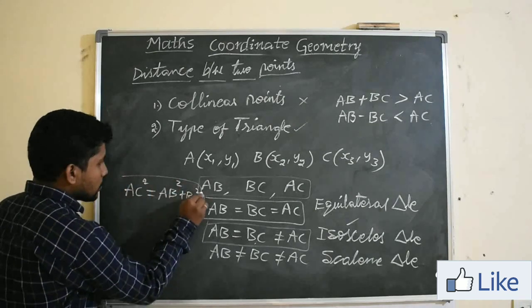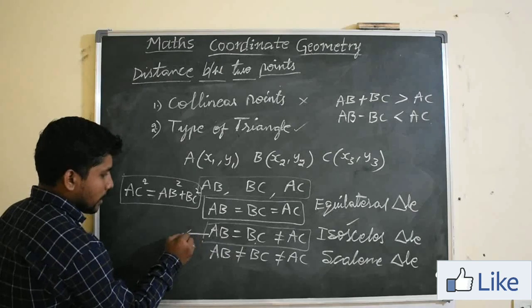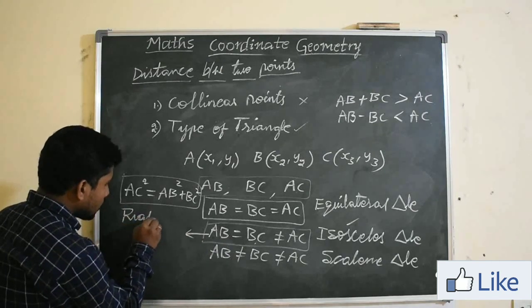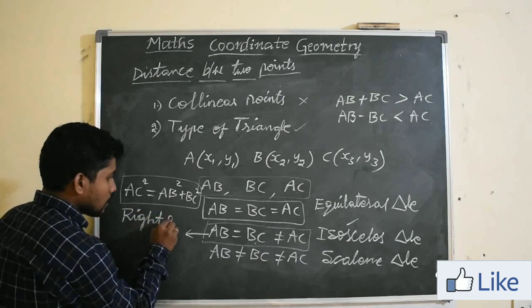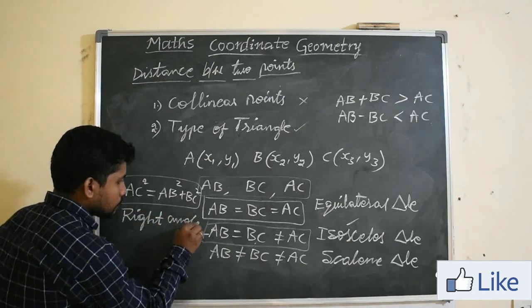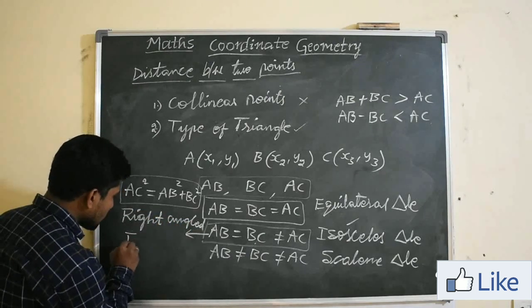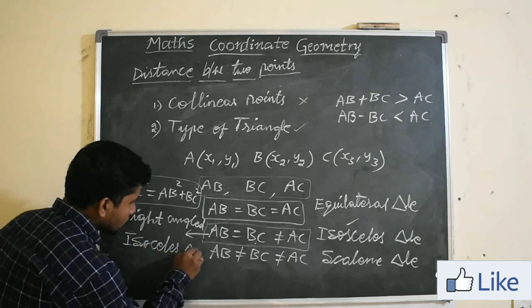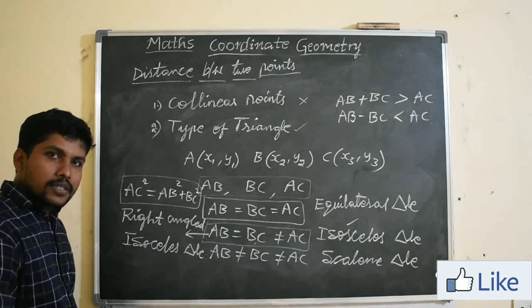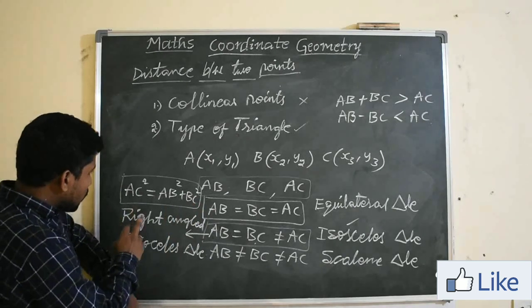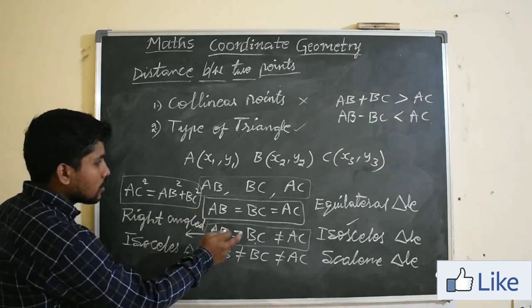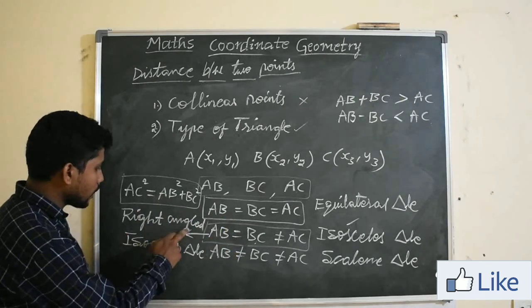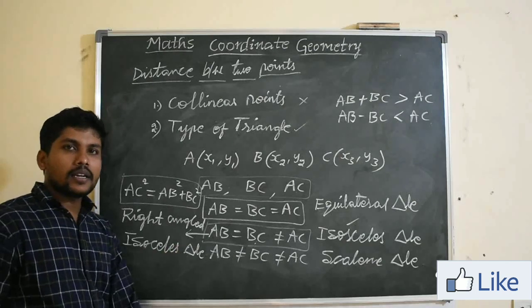If this condition is satisfied, then this triangle is called a right angled isosceles triangle.